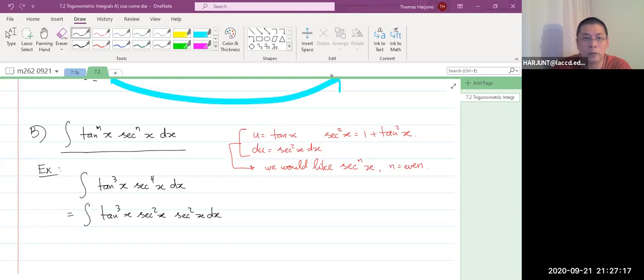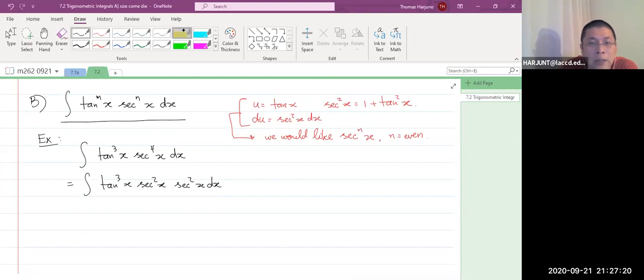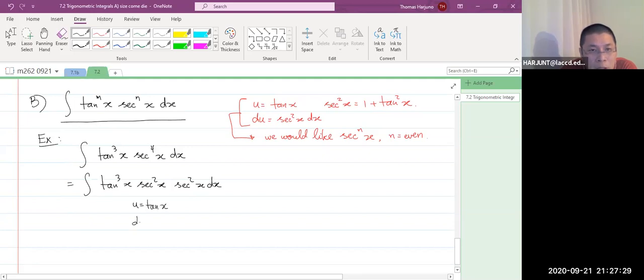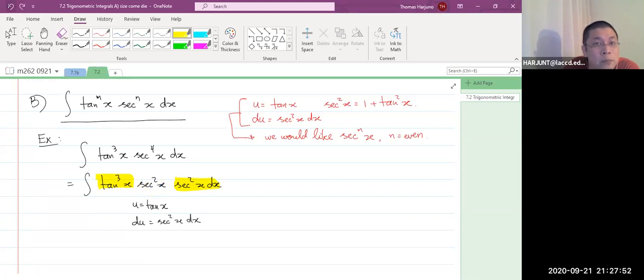Okay, now my plan is this. If I let u equal tangent x, my du will be secant squared x dx. So this will be my du, and this is my u cube. I can still massage this in terms of u. Let me use different colors for each of them. This is my blue color, this is my green color.